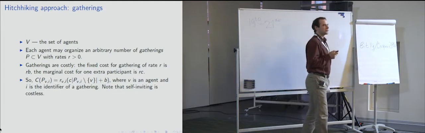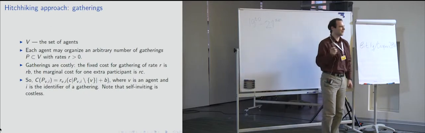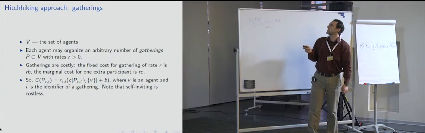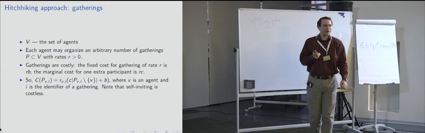There are fixed costs and marginal costs for every extra agent, and both fixed cost and marginal cost are multiplied by the rate.